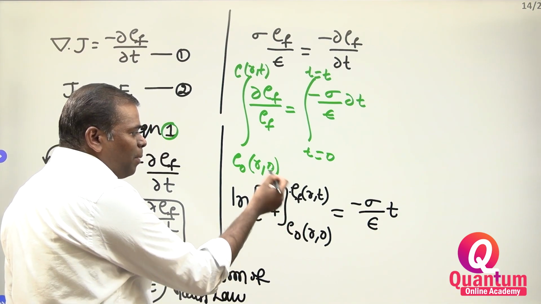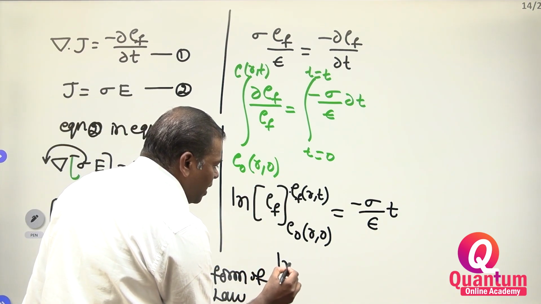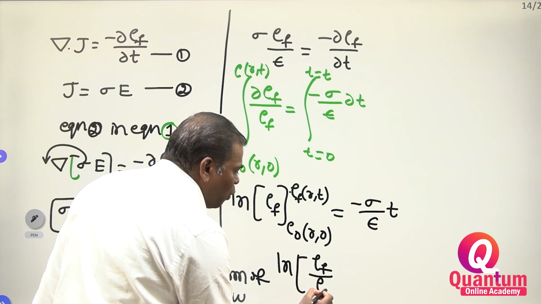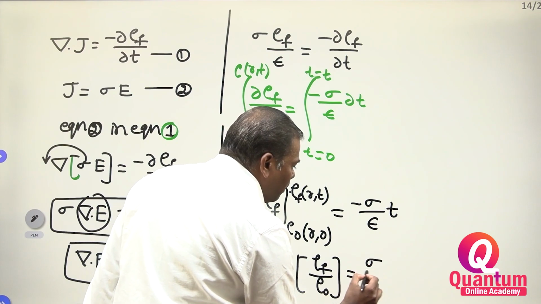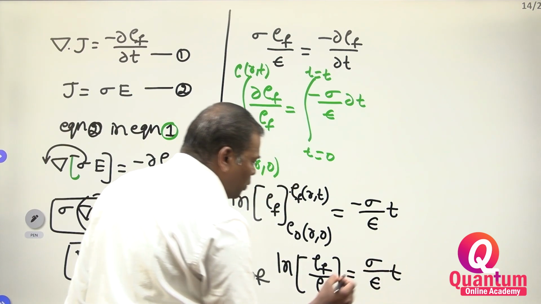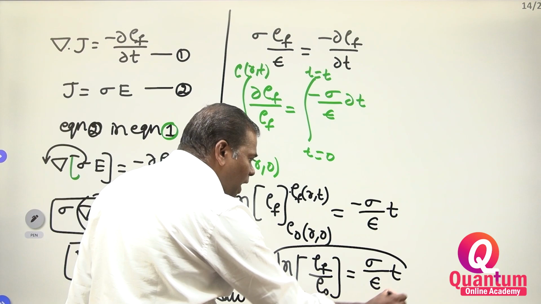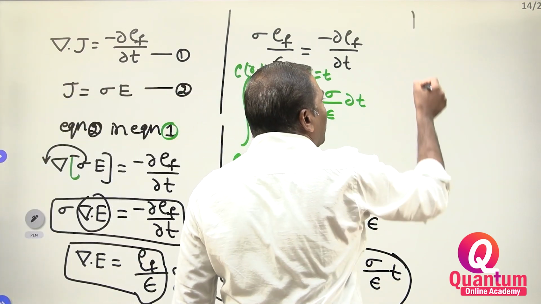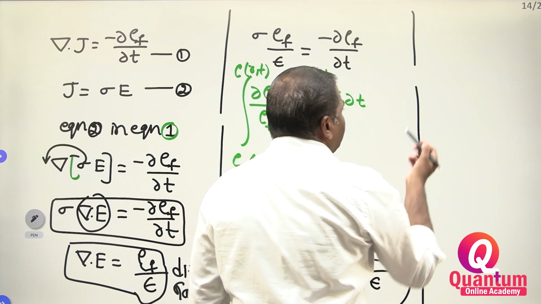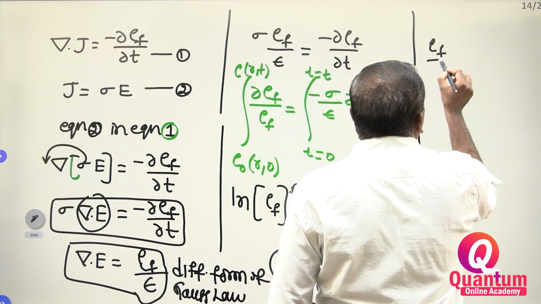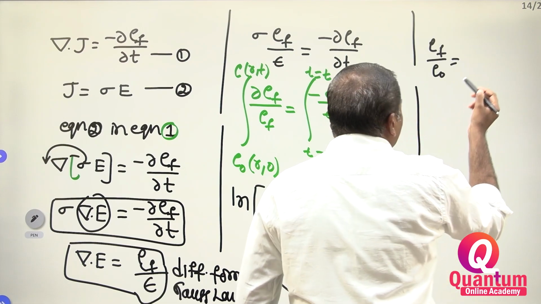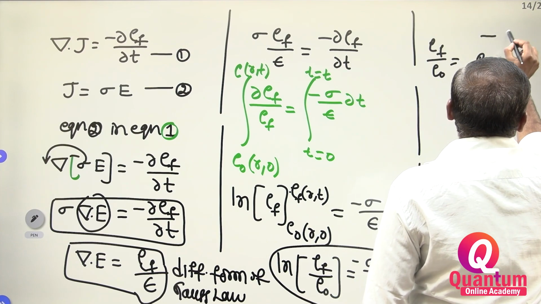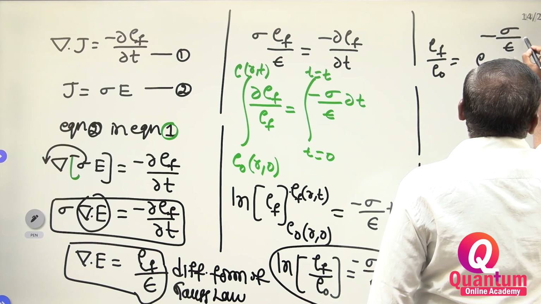Now you apply the upper limit and lower limit. ln of rho f divided by rho naught is equal to minus sigma by epsilon into t. Now you have to remove the logarithmic symbol. Rho f by rho naught is equal to exponential of minus sigma by epsilon into t.